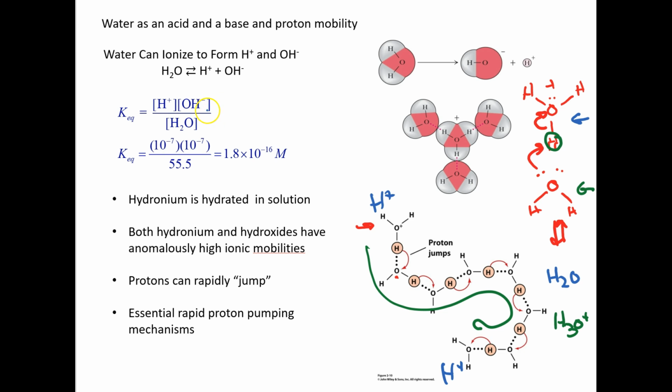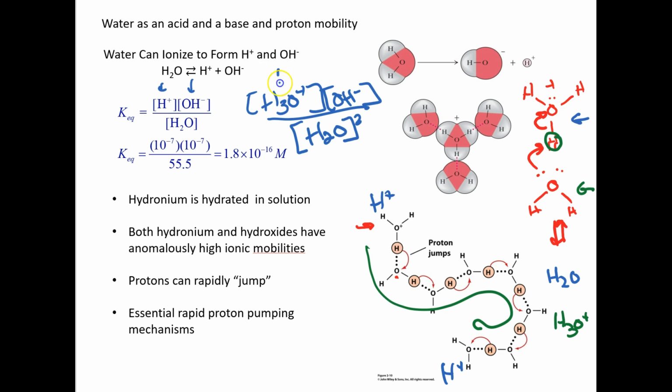Here we're seeing it displayed as just a proton and a hydroxide, but this can also be displayed like this. And you have to have that second water present in the equilibrium equation if you put the extra water here, but it's not a big deal.